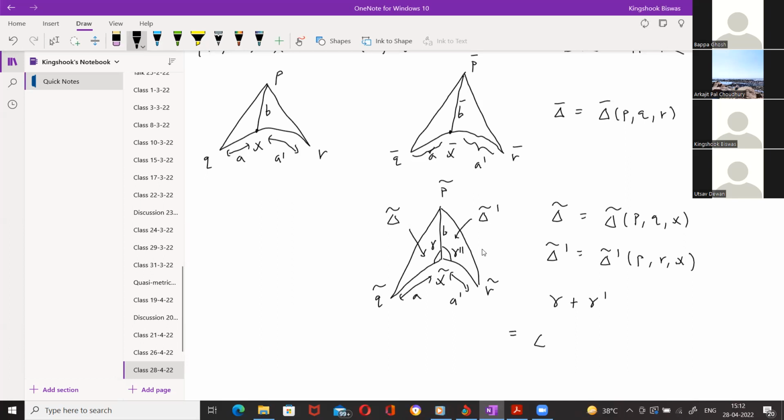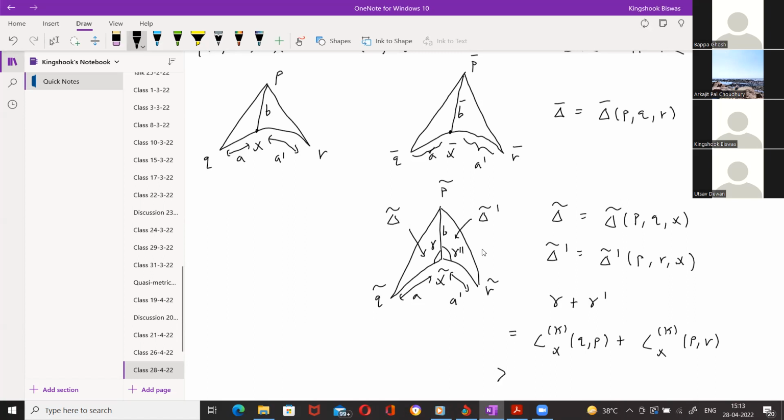Gamma is equal to the comparison angle at X between Q and P. And gamma prime is equal to the comparison angle at X between R and P, or P and R. Okay. Now what am I given? I'm given that comparison angles are bigger than the angle function, right?